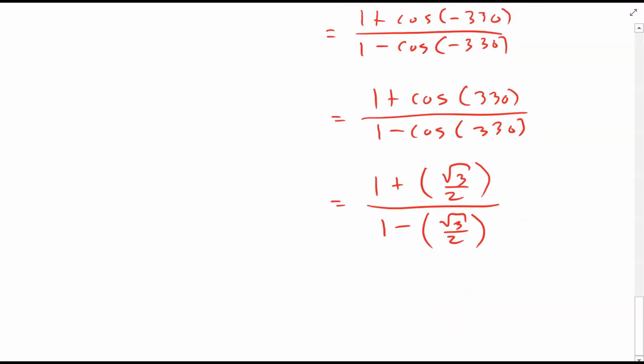Okay. Who likes the way this looks? No. What should we do to it? Yeah, let's multiply by 2 first. That'll get rid of the fraction inside of fraction stuff.